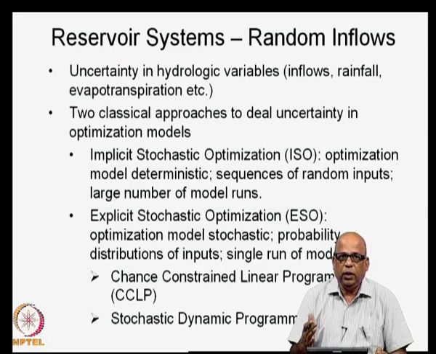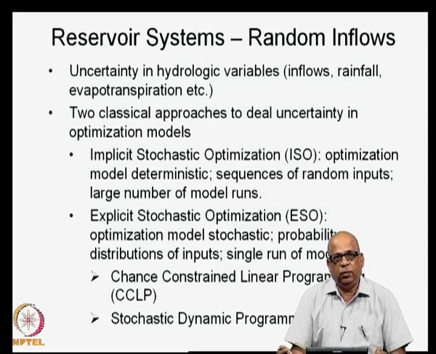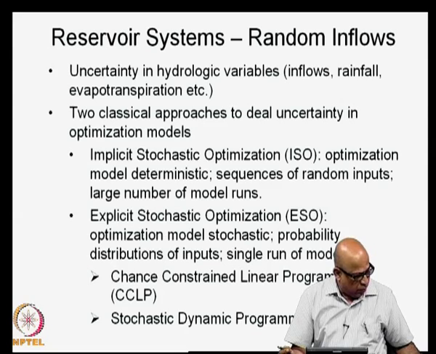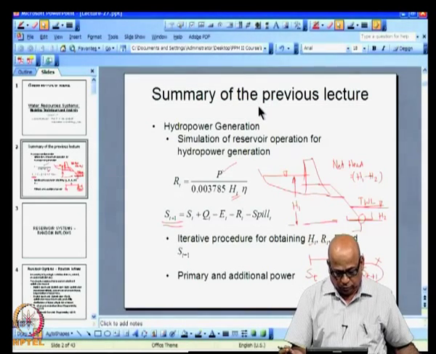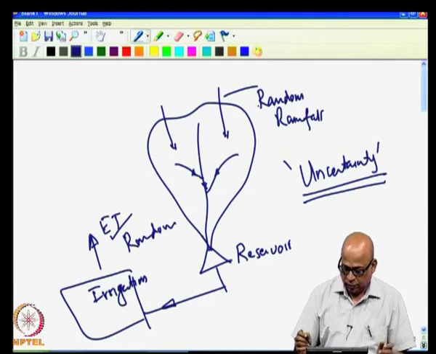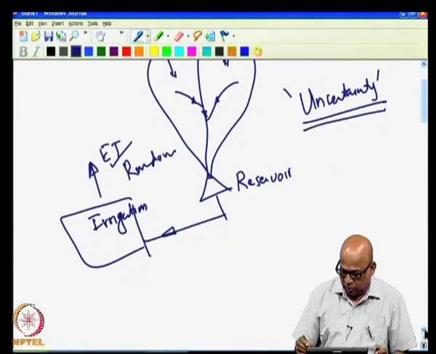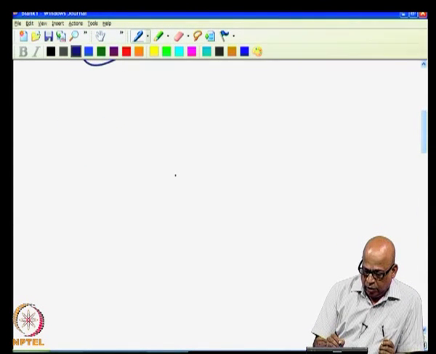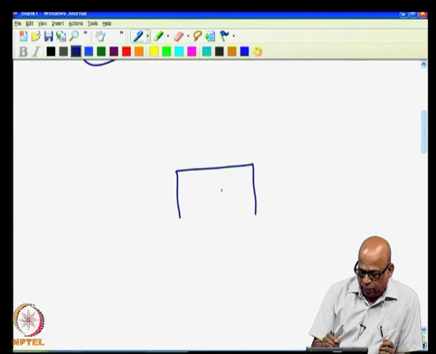There are two primary optimization techniques that we deal with in such a situation. One is called the implicit stochastic optimization and the other one is the explicit stochastic optimization. Let me explain what we mean by that. So, there are two ways in which we deal with the uncertainties in optimization.